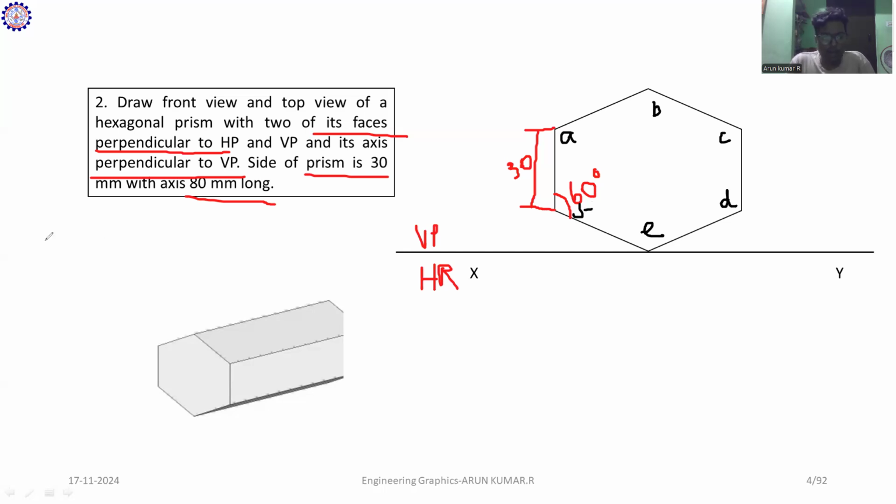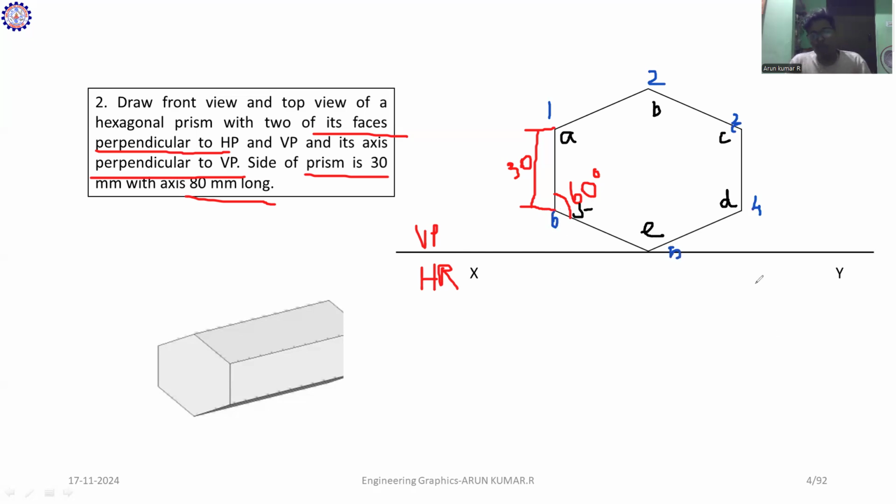Similarly, we make the points with the same names but different variables or numbers. I have used numbers here: one, two, three, four, five, and six.